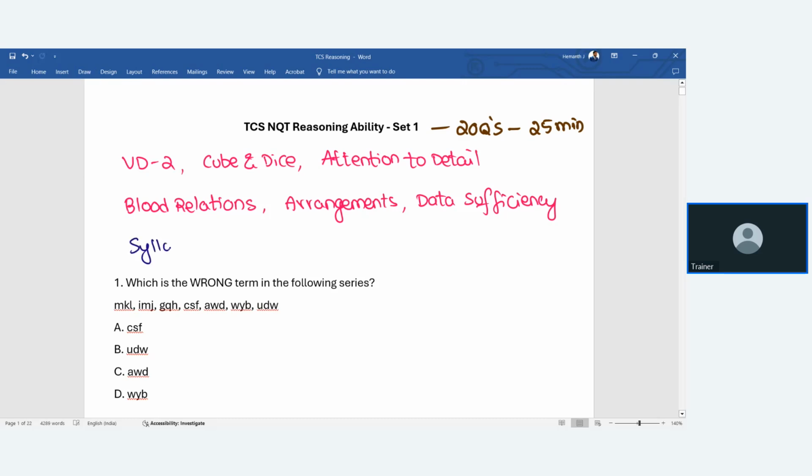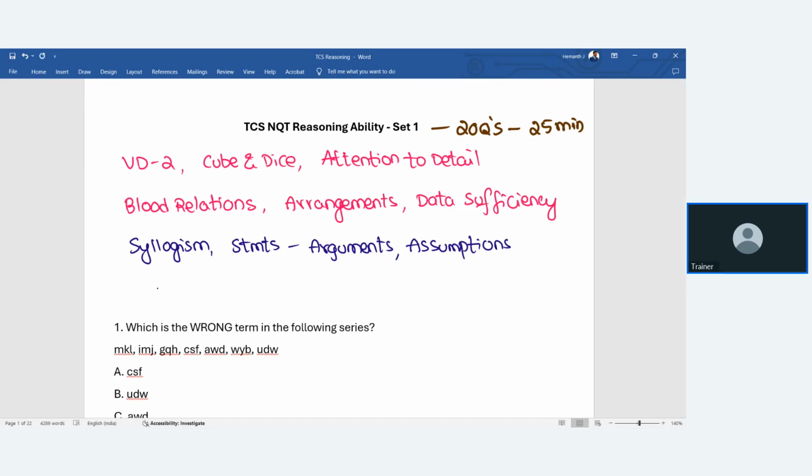So I'll just put statements, arguments, assumptions related. Coding and decoding, yes, 1 or 2 questions related to coding and decoding, and series like this. Series topic, all this stuff you need to focus on.